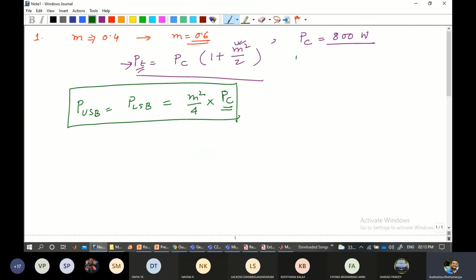Suppose Pc1 by Pc2, like this you are saying. So Pc1 is 800 watts, and this is x, suppose. But what will you write over here? Sir, in place of Pt, because m is known. So you are assuming that Pt is constant, right?